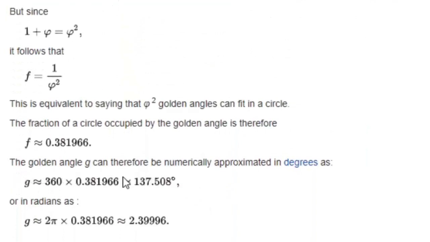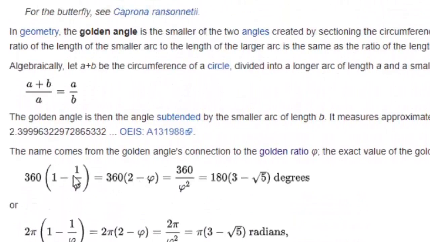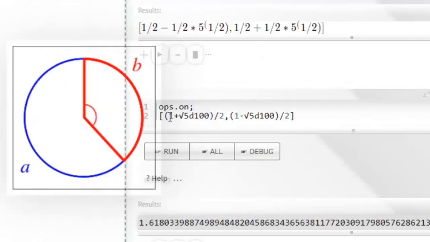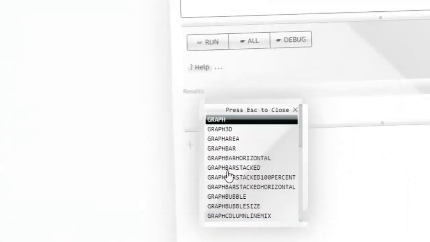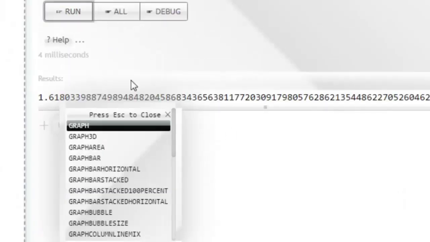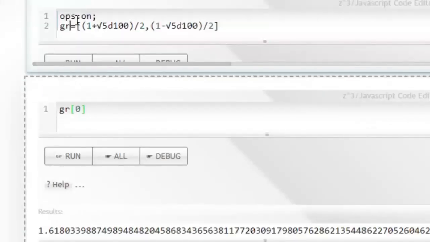That essentially adds up to 137.508. So we can actually do this math and just make sure that's how we have to think about it. So 360 degrees multiplied by, if this is the golden ratio, let's take this golden ratio into GR1, which is going to be this actual number. So let's say golden ratio to this combination of arrays, and you get the number here.